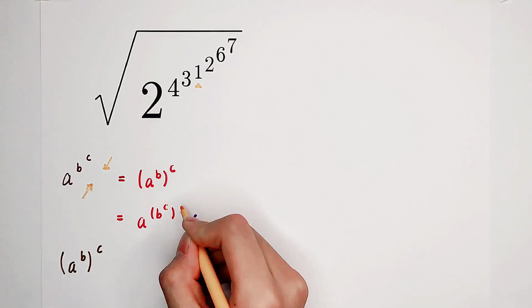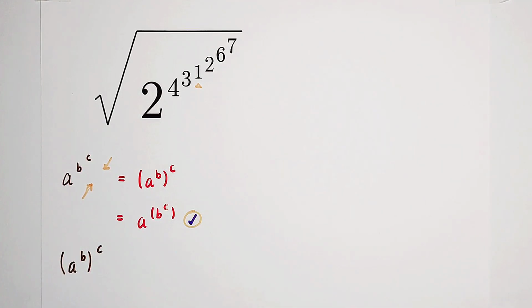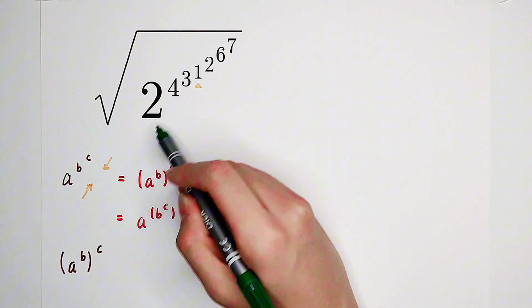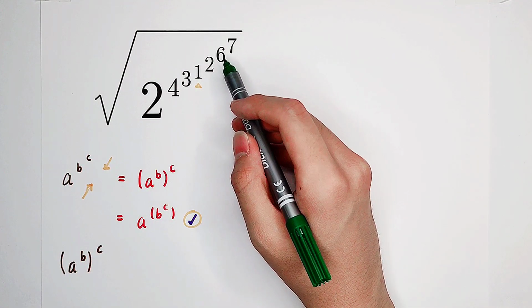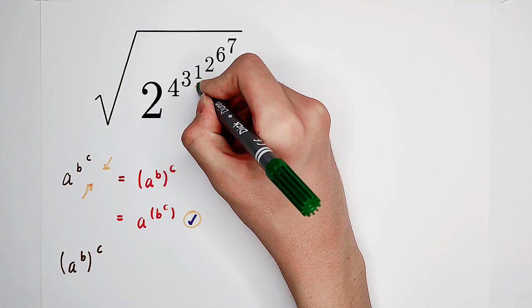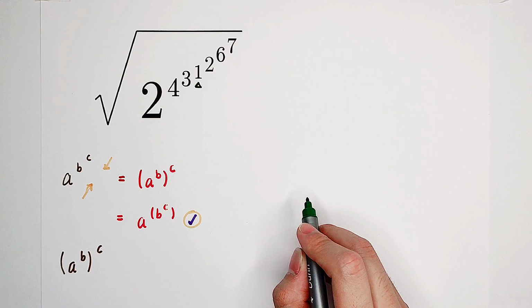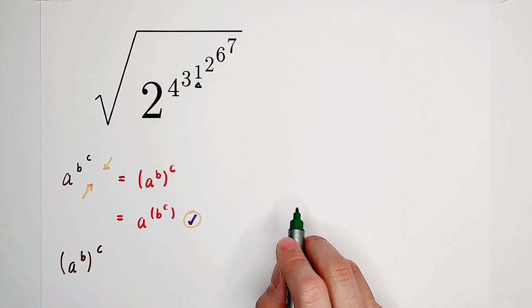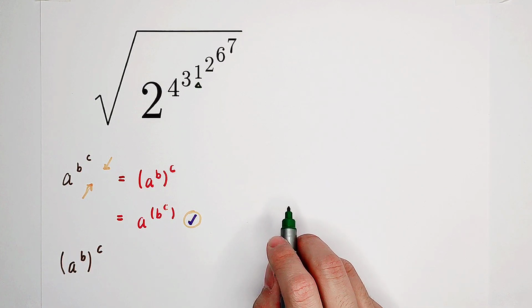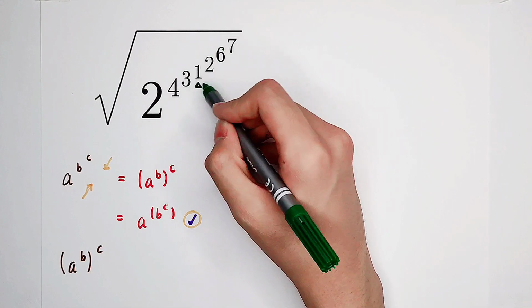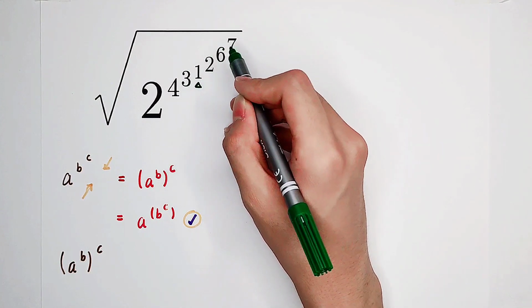Understand? This guy, 1. So under the square root, we have this guy. We know here exists a 1. So I know we should calculate it from the top to the bottom. So now we can actually calculate this part first. 1 to the power of 2 to the power of 6 to the power of 7.